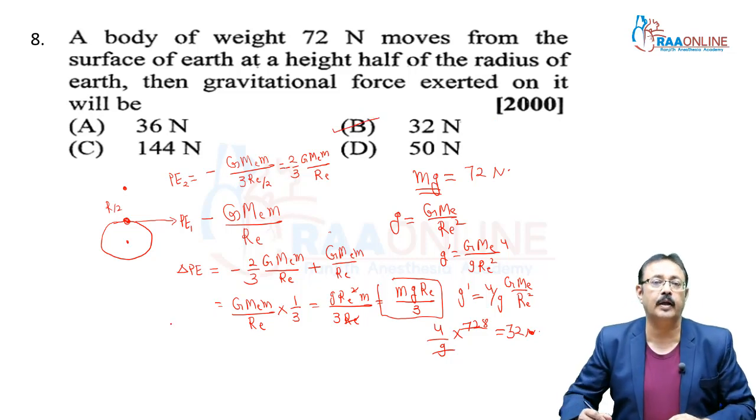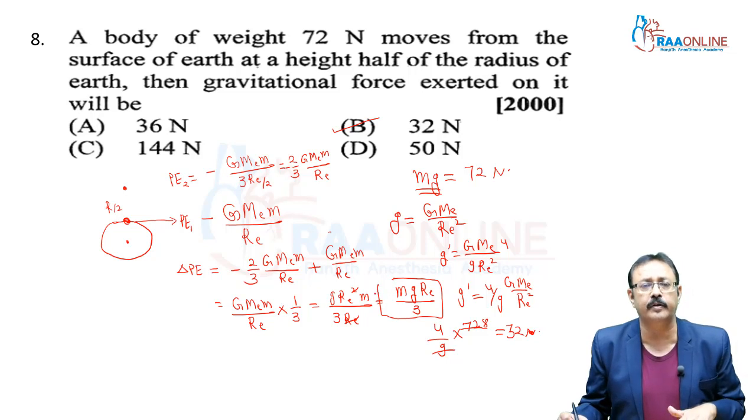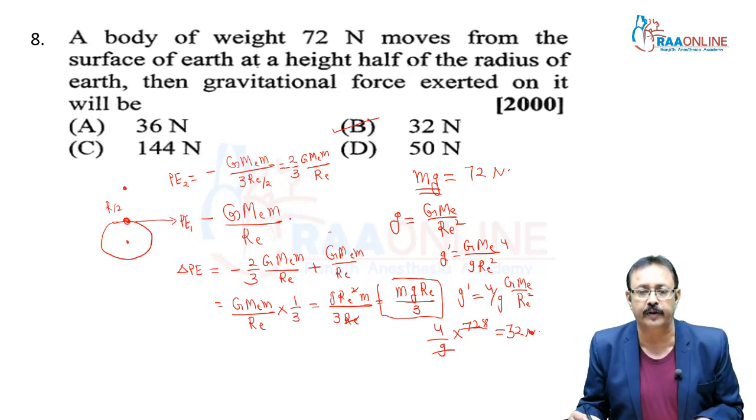If you want to calculate work done, we can calculate it by the change in potential energy. But here, we simply want the weight at that point. So there is an apparent change in the value of g. Due to this, g is decreasing, so weight is decreasing. So it will become 32 Newton at that point. So we are going with option B.